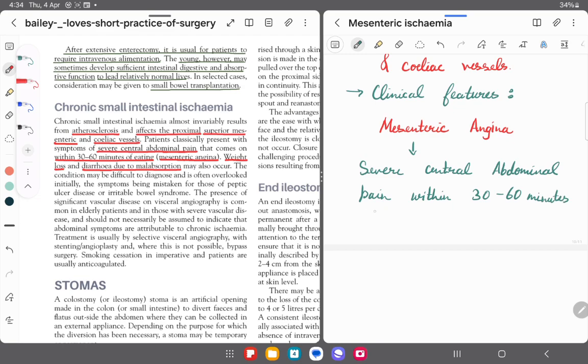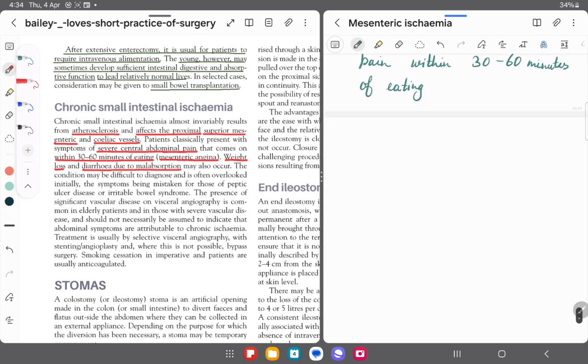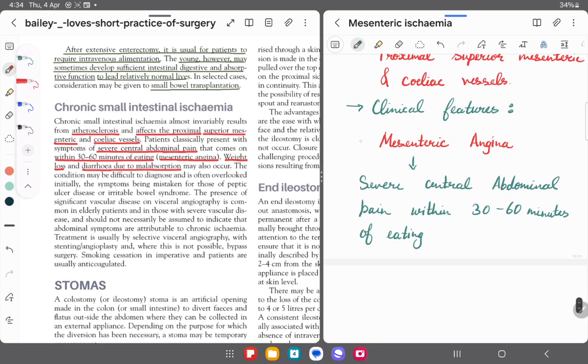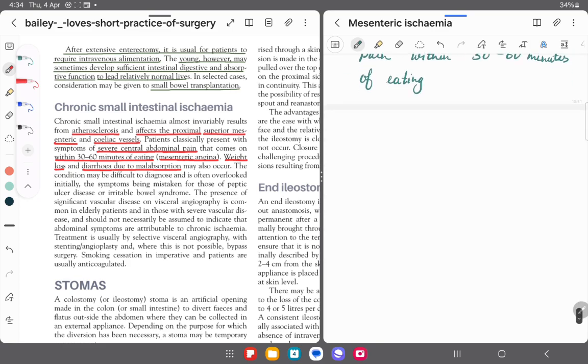So this is mesenteric angina, the number one clinical feature. Then we have weight loss and diarrhea due to malabsorption.